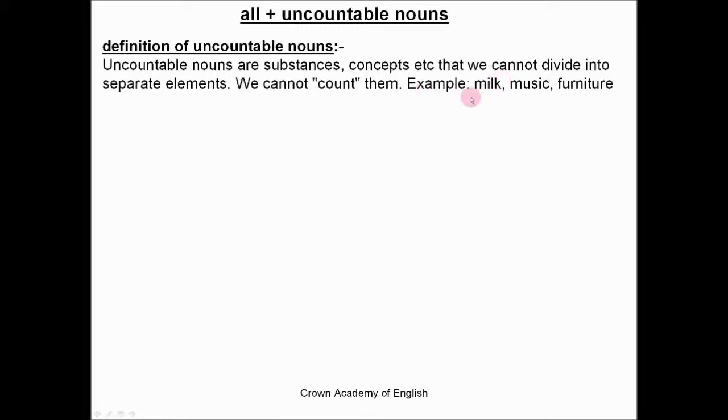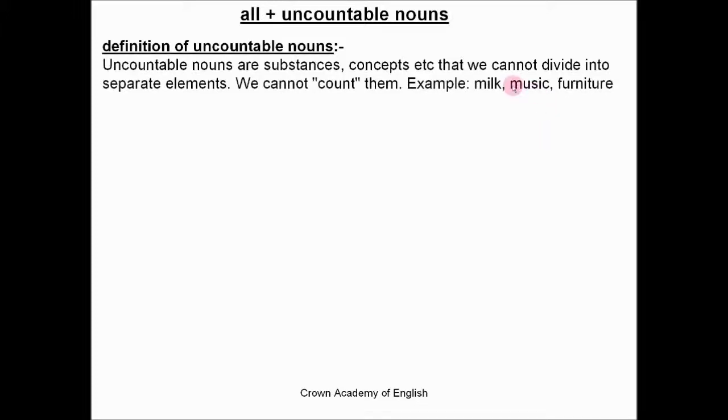For example, the word milk. We do not say 1 milk, 2 milks, 3 milks. We just say milk. It is a word that only exists in the singular form. The same for music. It is a general word that only exists in the singular. We do not say 1 music, 2 musics, 3 musics. We just say music. Okay?